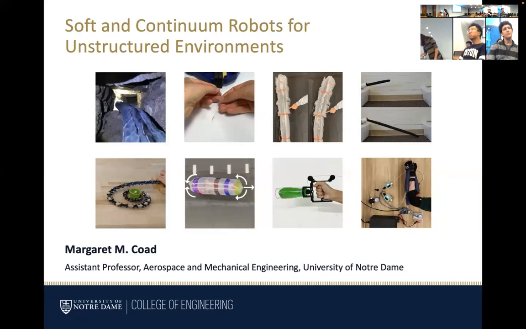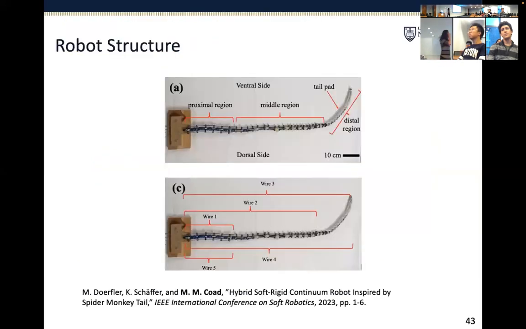Yeah, great question. So you were saying, why not have the whole thing be made of silicone? Like there's a robot that's based on the caudal rat model. Yeah, so we were really trying to get a robot that would be strong, but also adaptable.